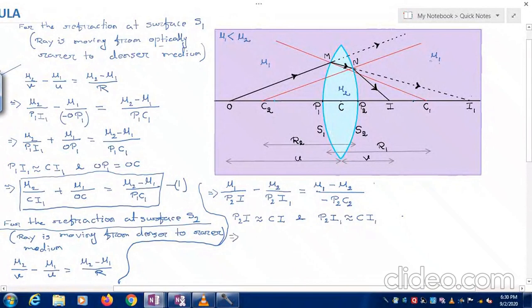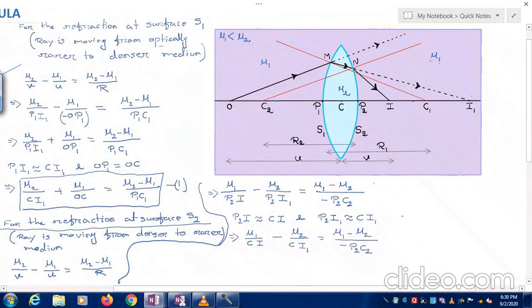This implies mu1 divided by CI minus mu2 divided by CI1 is equal to mu1 minus mu2 divided by minus P2C2.